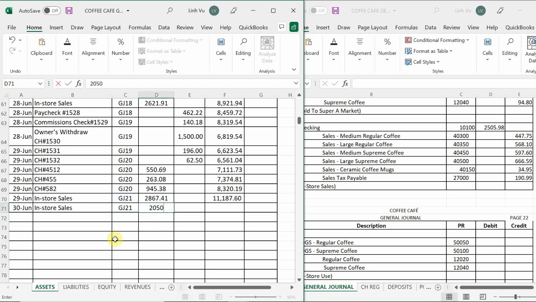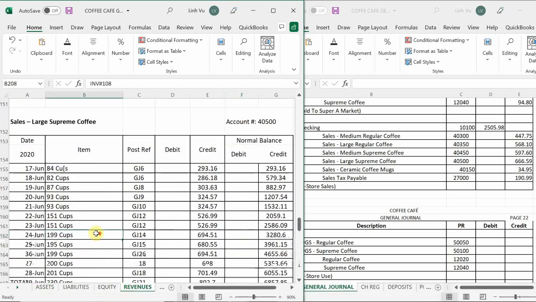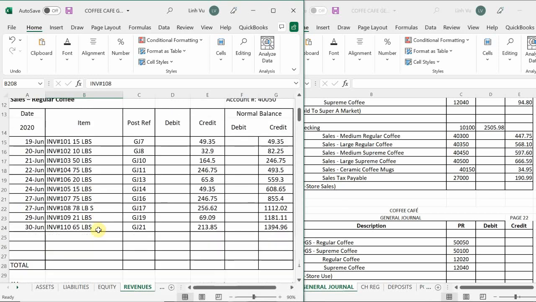For the 2505.98. So how much money should we have in our checking account? $13,693.58. Good, good.